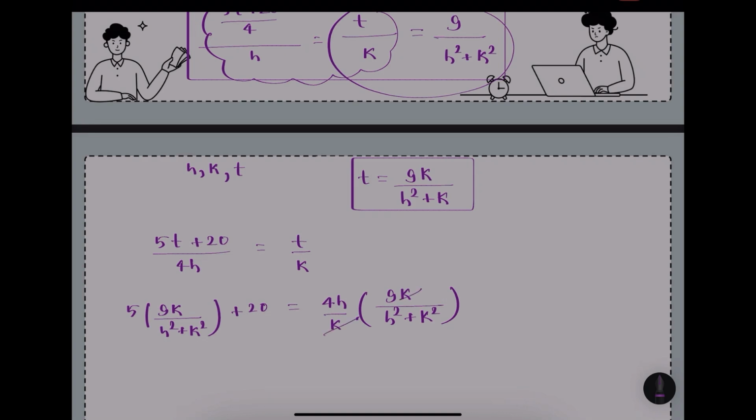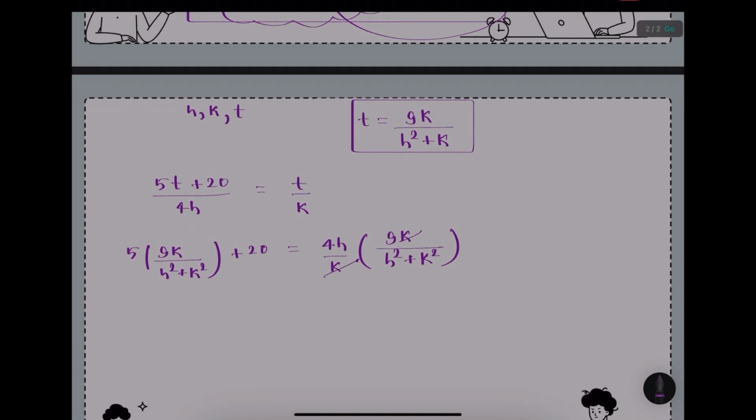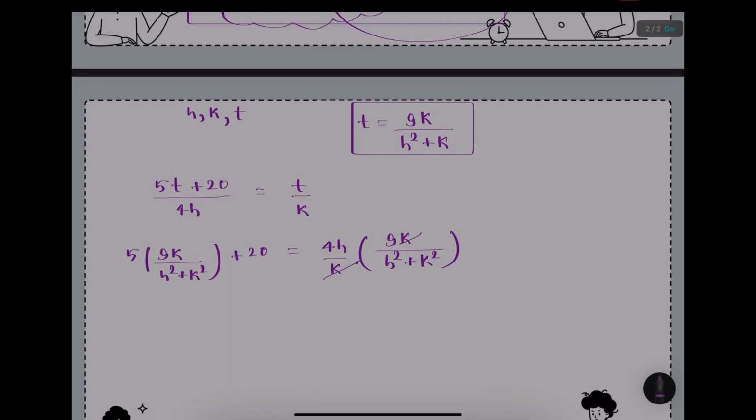This k is gone. Now let's take LCM. So we will be left with 45k plus 20(h square plus k square) equals 36h. Now in the denominator both will have h square plus k square, so it will be neutralized.